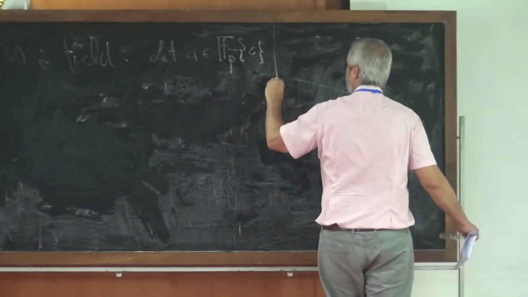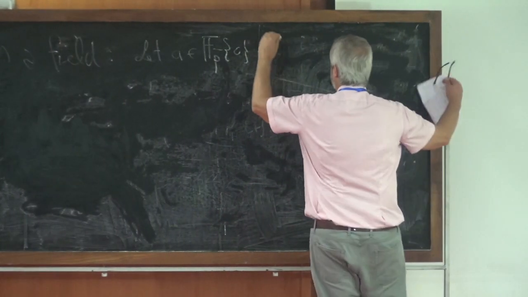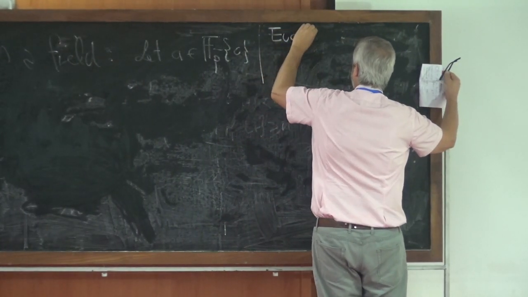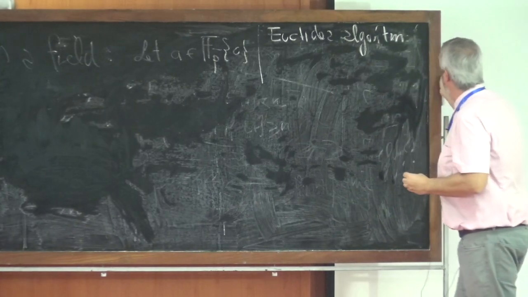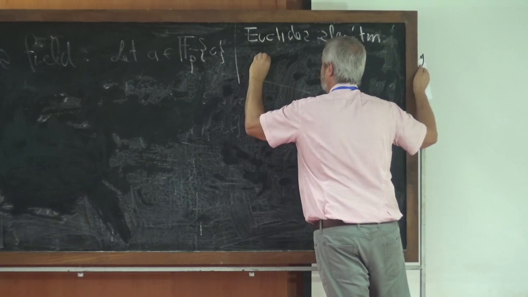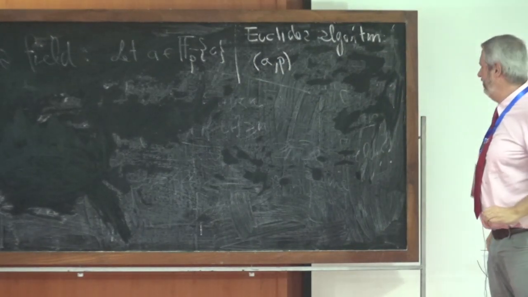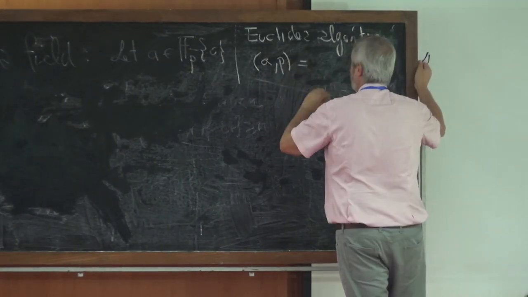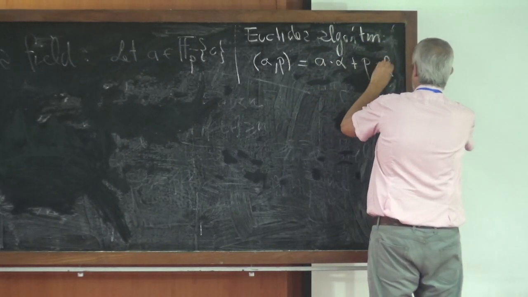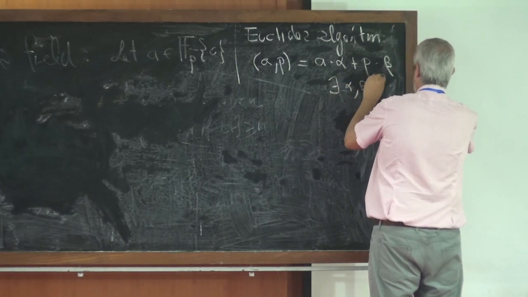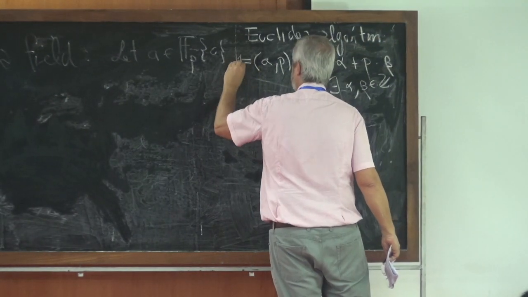Well, in order to produce the inverse, there is a very efficient and actually widely used method, and this is the Euclidean algorithm. And the Euclidean algorithm allows us to write the GCD, so this is the greatest common divisor of A and p, as A times alpha plus p times beta. There exist alpha and beta integers. And since p is a prime number, which is something crucial here, this GCD is 1.